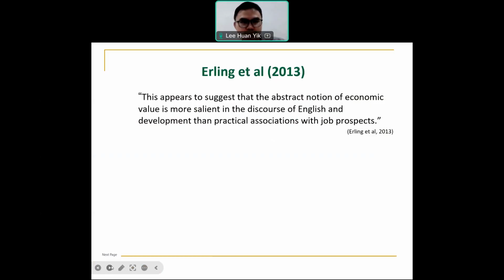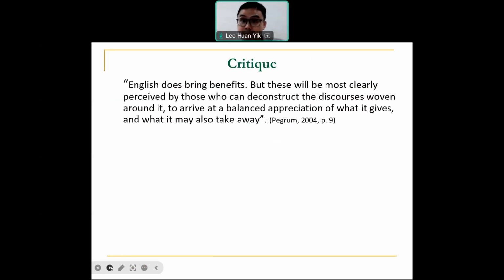But in fact, it is more nuanced on the ground, and it's not that easy to just associate English with development that way. Okay, so in other words, according to Pegram in 2004, English does bring benefits, but when you deconstruct the discourses, there are some things that English can help. It can be beneficial in some ways, but it doesn't necessarily benefit everyone, or it doesn't benefit everyone equally.